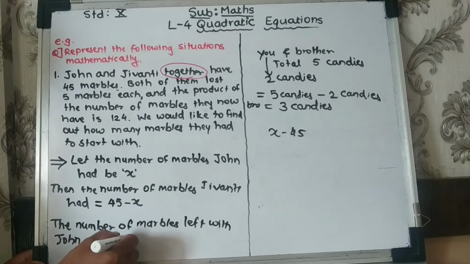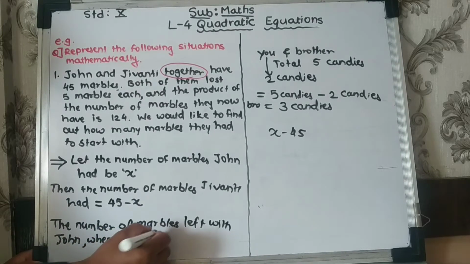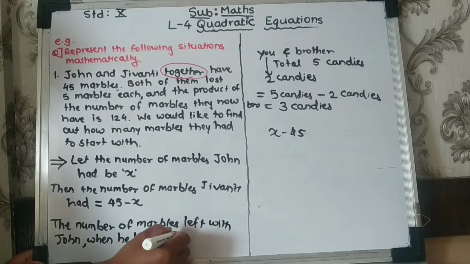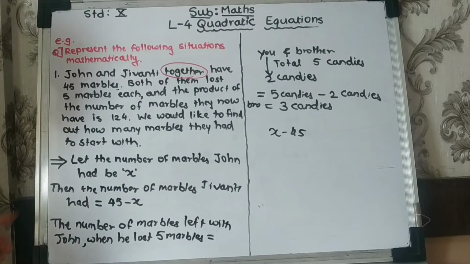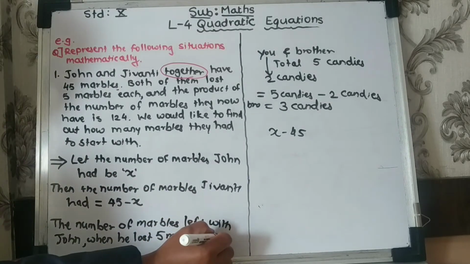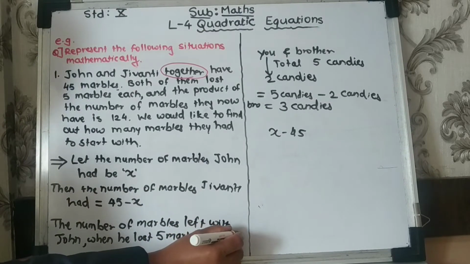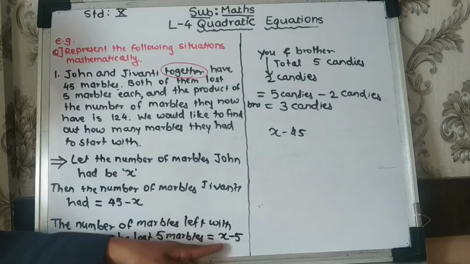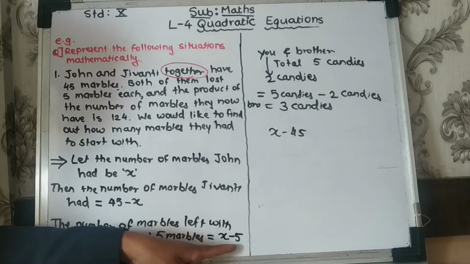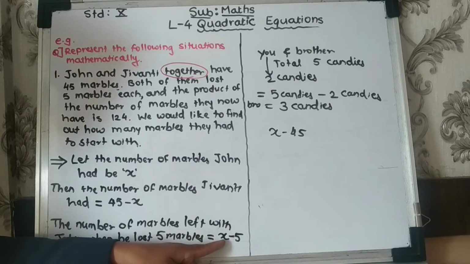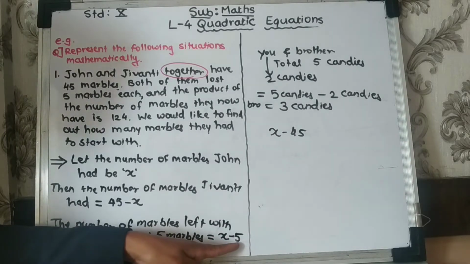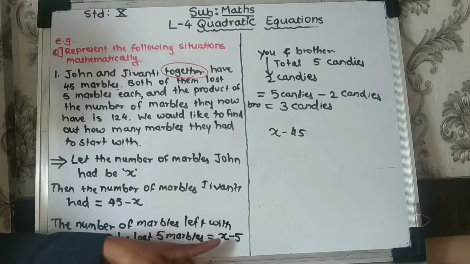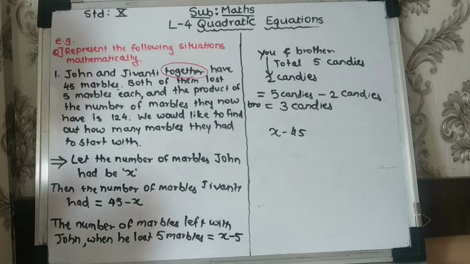Obviously, if he has x marbles, then from x marbles we will subtract 5 marbles. Left means we are just going to subtract it. And here the subtraction will not take place, as one is a variable and one is a number, so we cannot subtract them. Keep it as it is: x minus 5.